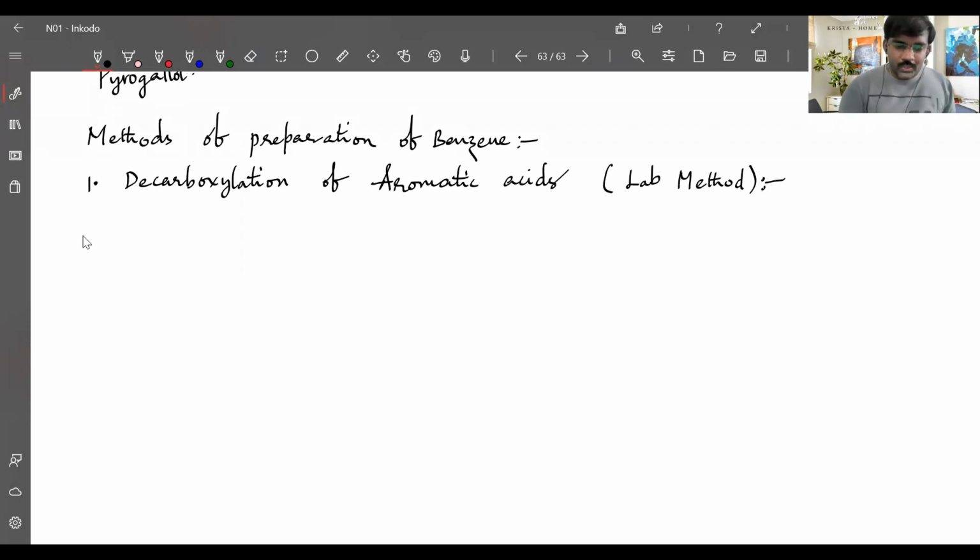So in the laboratory, you take an aromatic acid, that means benzoic acid. So for preparing benzene we are taking benzoic acid, and that benzoic acid will first be mixed with NaOH. So I'll get the sodium salt of benzoic acid, so sodium benzoate will come.